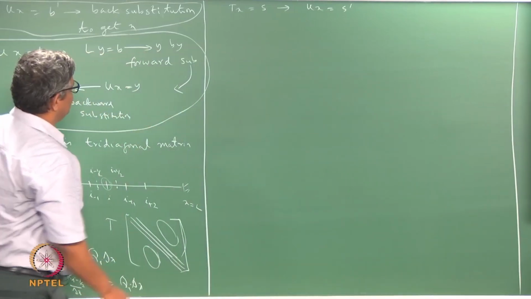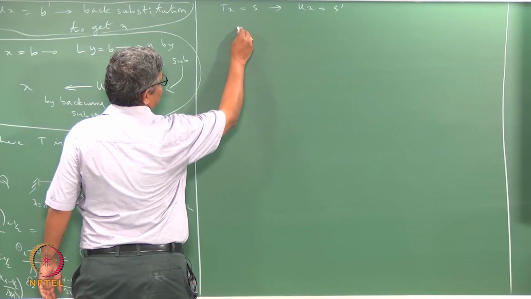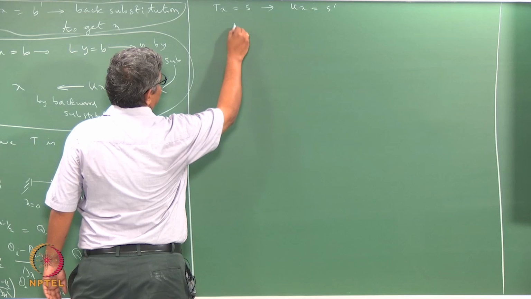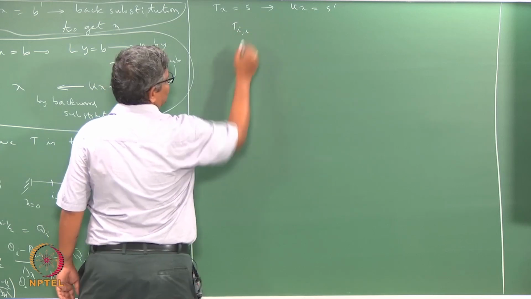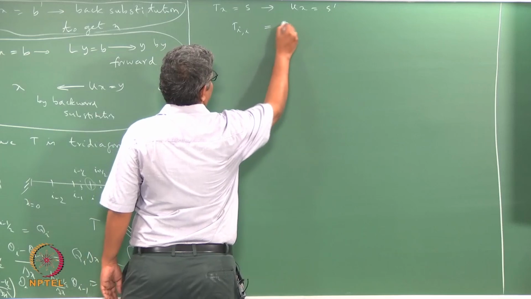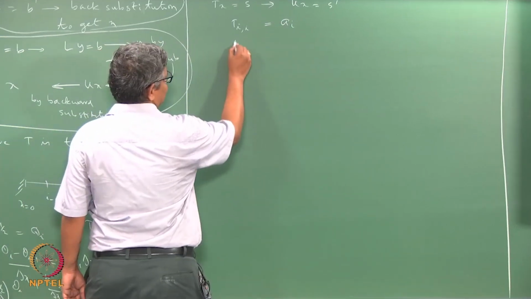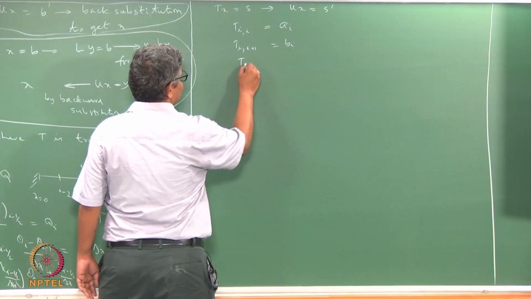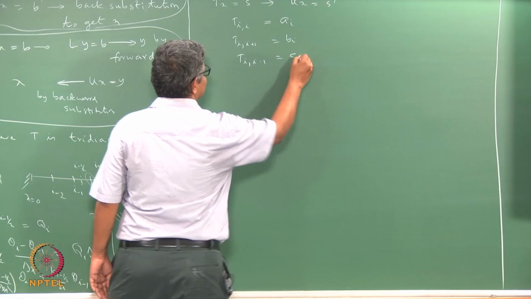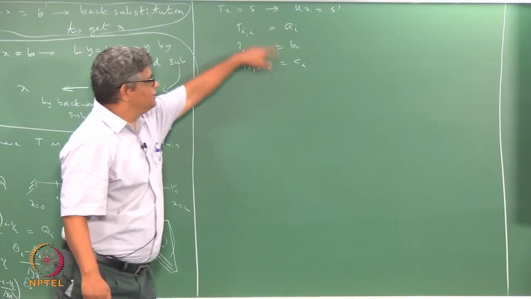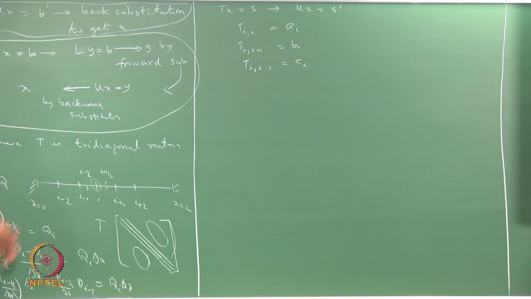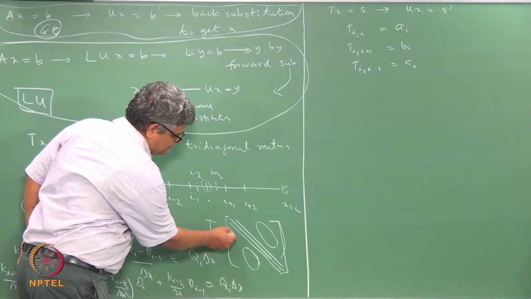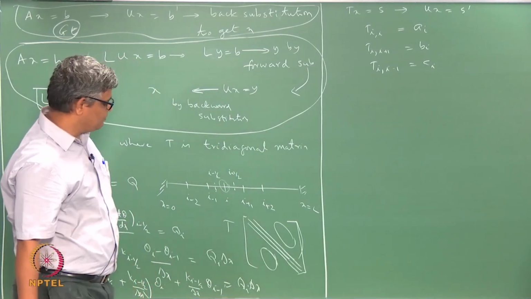So, what we are looking at is where T is such that T(i,i) is A_i, T(i,i+1) is B_i and T(i,i-1) is C_i, where A, B, C are the coefficients. So, for this system, you have first equation, second equation, third equation all the way up to n number of equations.